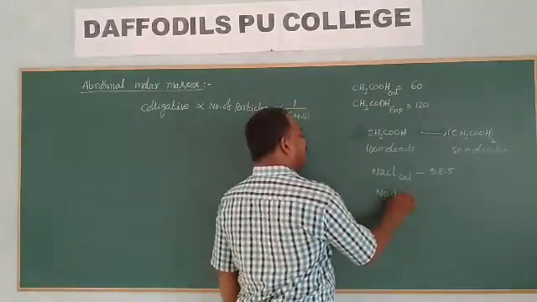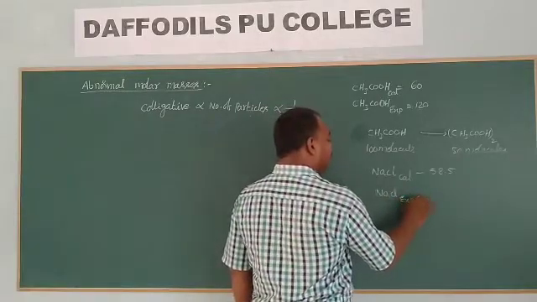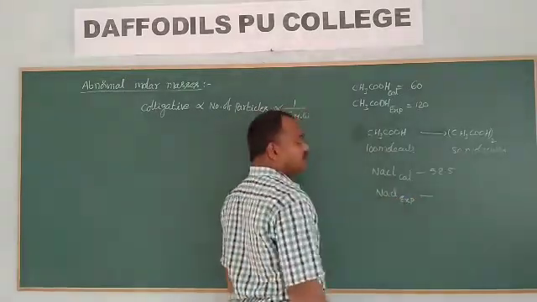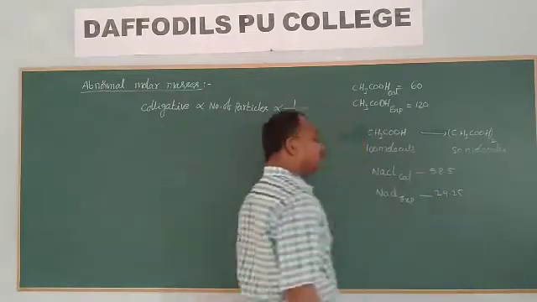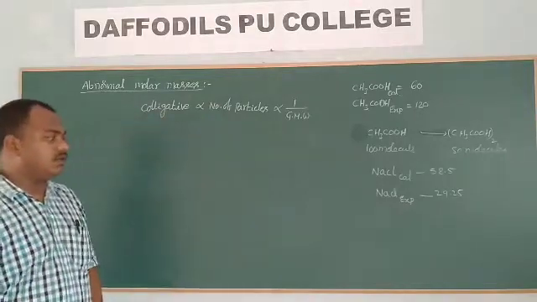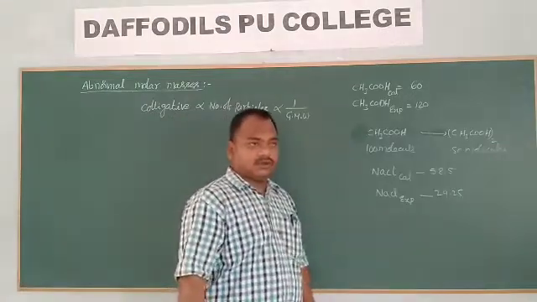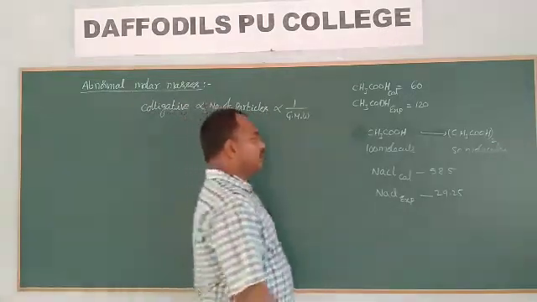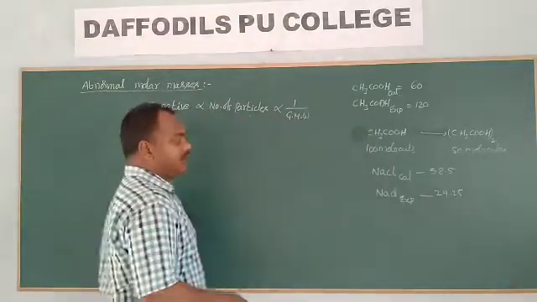When the molecular weight of sodium chloride is observed using a colligative properties experiment, we get 29.25. That means it becomes half. Why is this half?